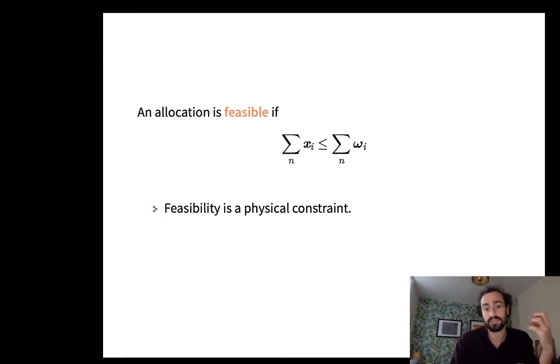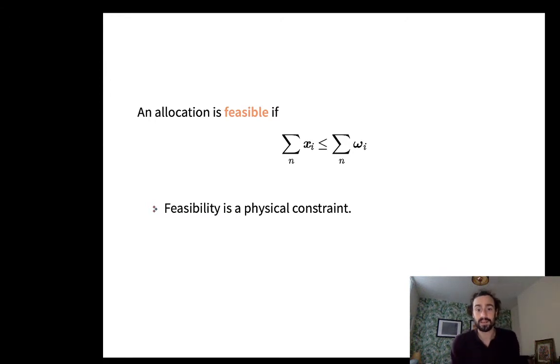And what does however many we eat mean? How many does consumer 1 eat? How many does consumer 2 eat? That's x1 plus x2 plus dot dot dot xi plus dot dot dot xn. That's the left-hand side of this inequality, the sum over the consumers of their final allocations, how much they consume.